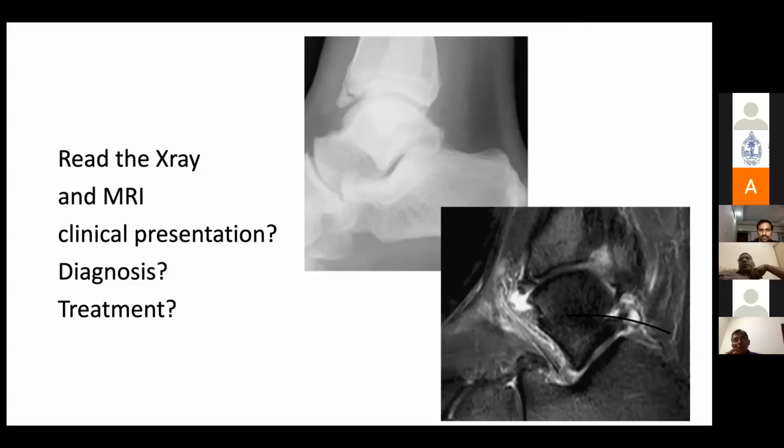In the lateral view there will usually be overlapping of the fibula, so in looking at the talar bone quality, it is always better to rely on an AP view rather than a lateral view, because you're overlapping with the lower end of fibula.